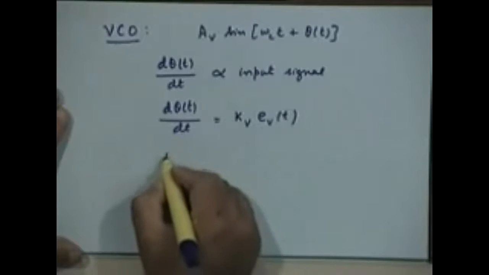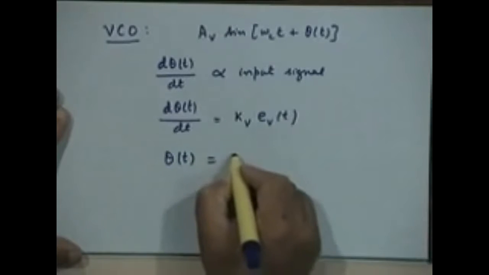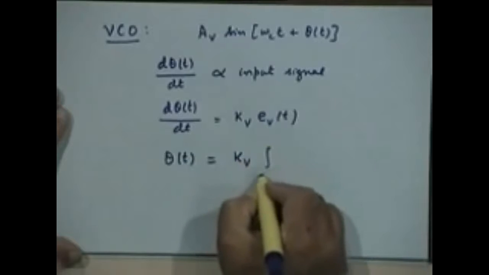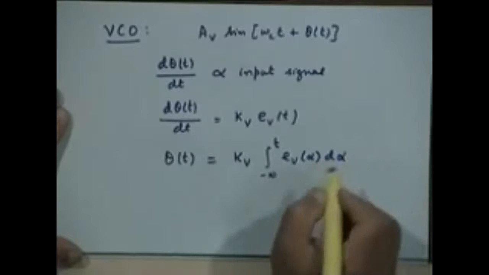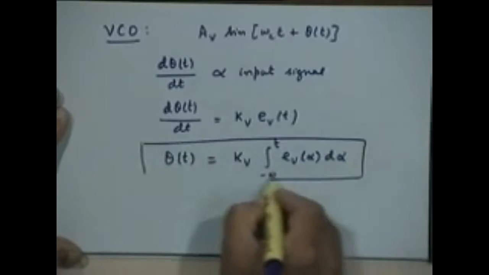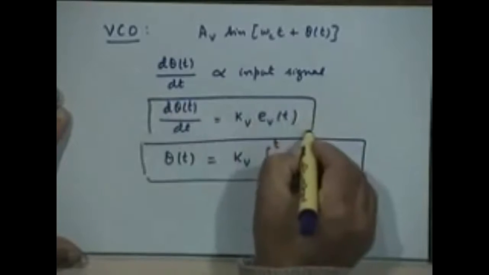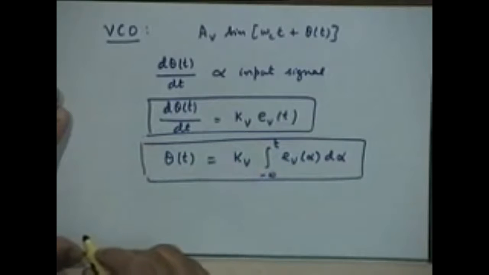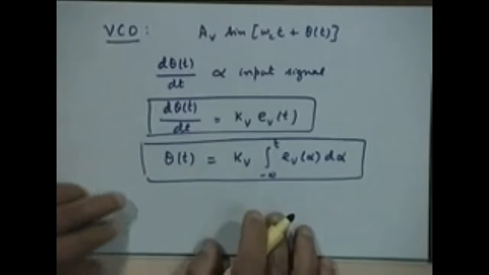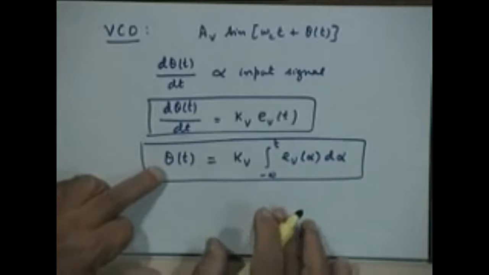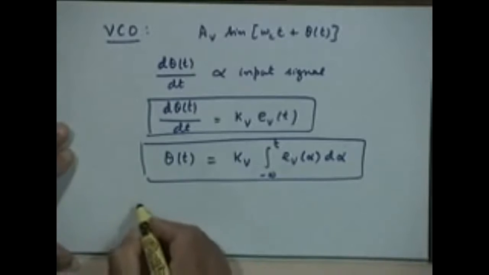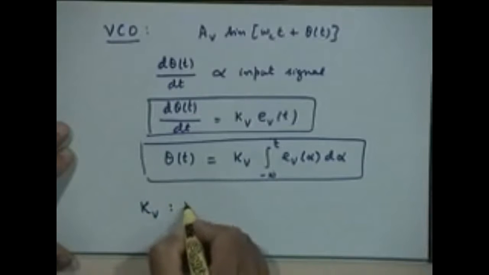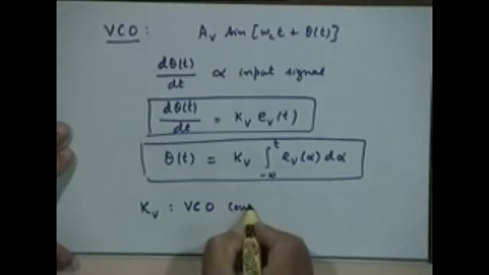Or if you want to model the phase itself, theta of t is k sub v times the integral of E sub v of alpha d alpha. So, these are the two equations which will model the VCO. The instantaneous phase of the VCO is governed by this equation, which is a standard FM equation, really nothing special about it. So, k sub v here is the VCO constant.